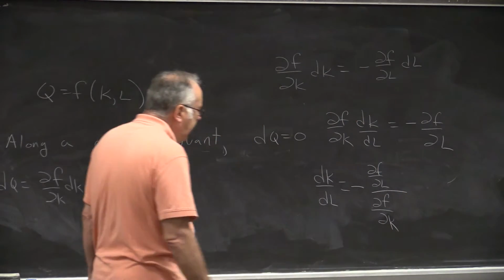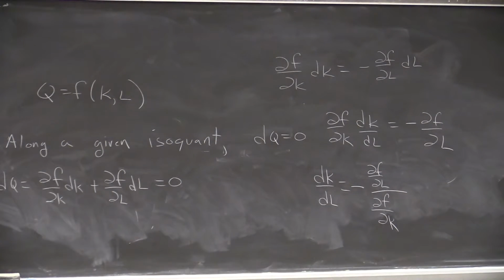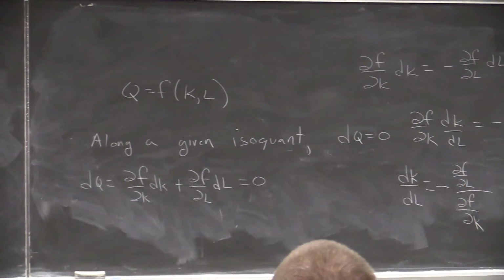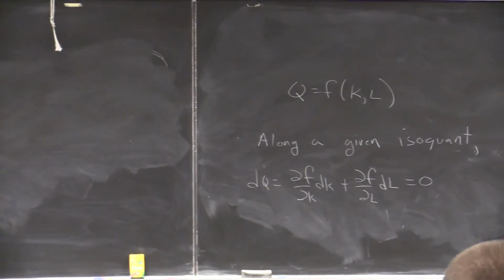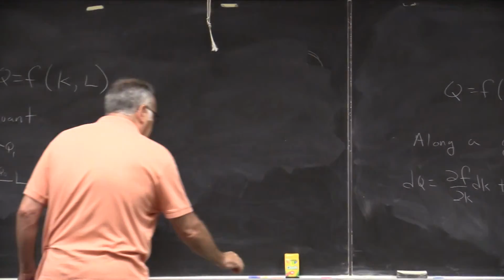And this result is actually useful because dK/dL has been calculated holding output constant because we're moving along an isoquant. So what dK/dL gives you is the slope of the isoquant at a given point.